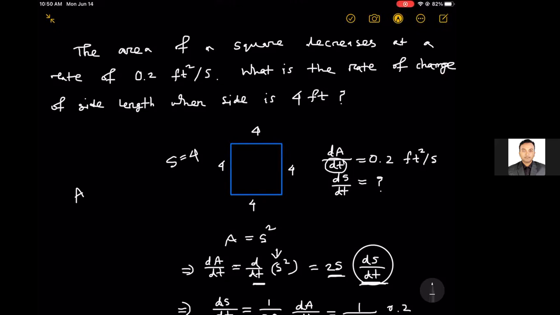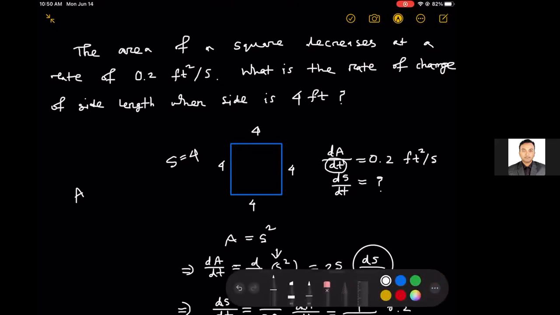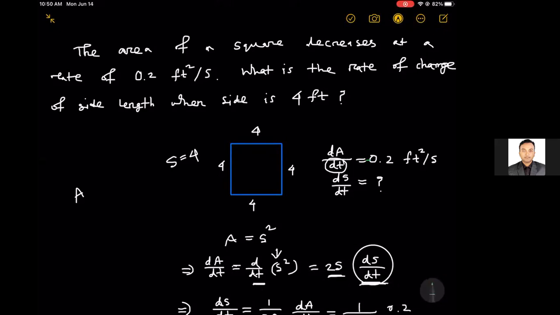Just eyeball the question. Shouldn't it be negative 0.2 because the area of a square is decreasing?